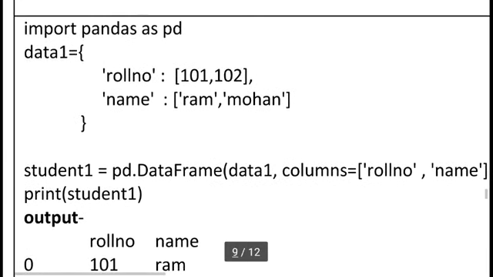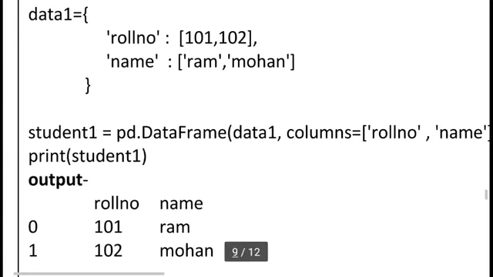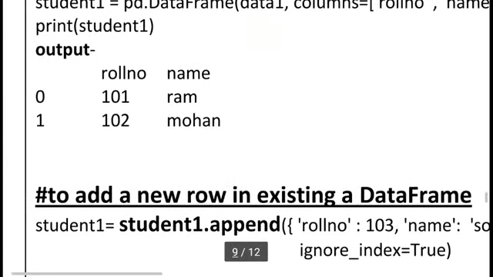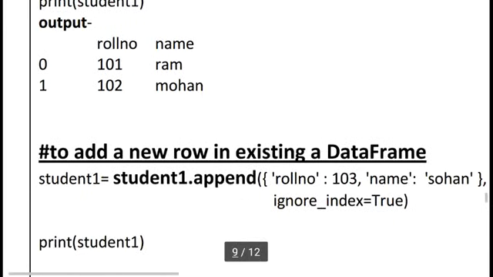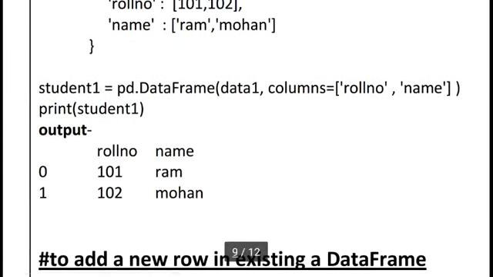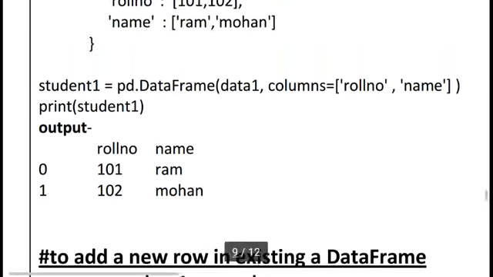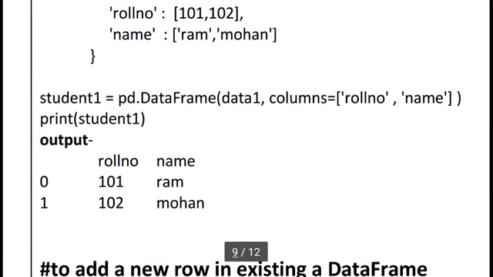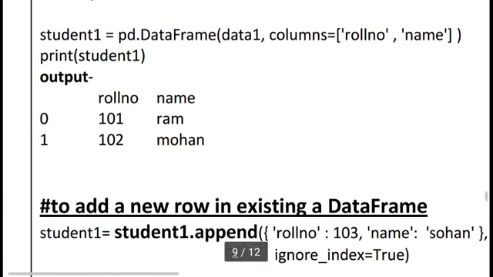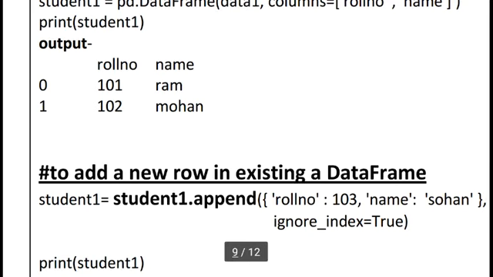So this is the normal thing, but our purpose is to add a new row. So for this purpose I am taking student1 variable. Student1 we already have, because I want to add new in existing data frame, so student1 is equal to student1.append. Last time I wrote pd.DataFrame, but here I am writing student1 because student1 is our data frame variable, dot append method.